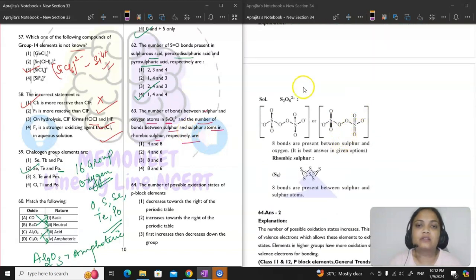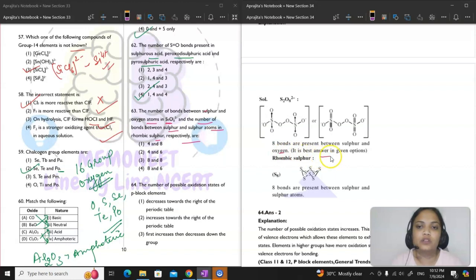Now here there are 8 bonds present between sulfur and oxygen. Although there are double bonds as well, if I count how many linkages are there, you can say 1, 2, 3, 4, 5, 6, 7, 8. 8 linkages are there, and rhombic sulfur is like this.